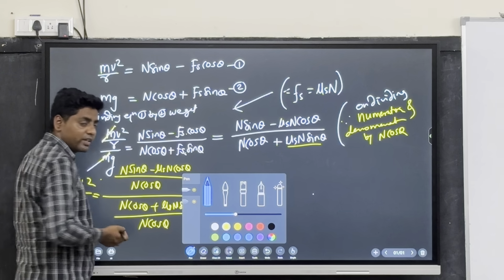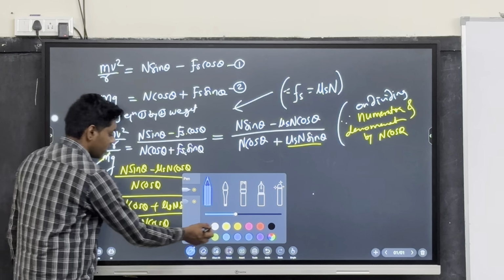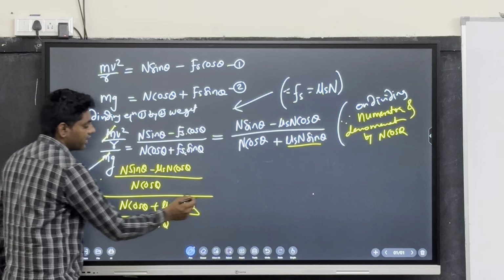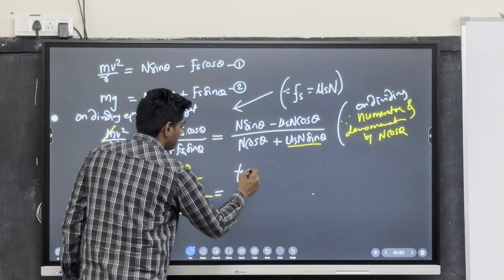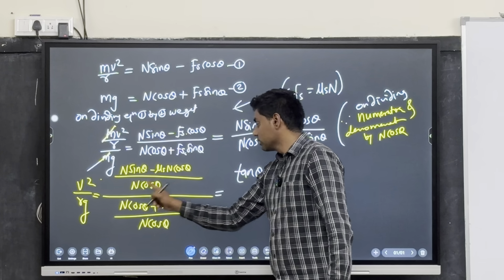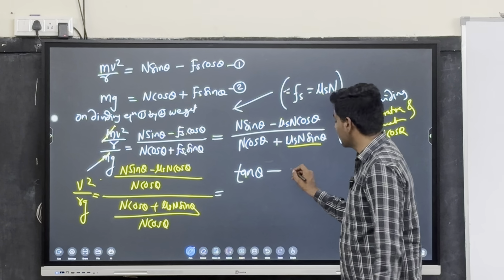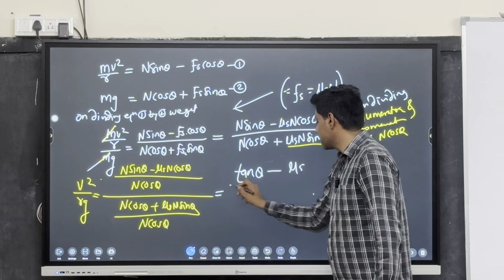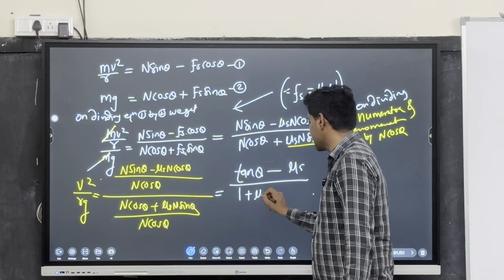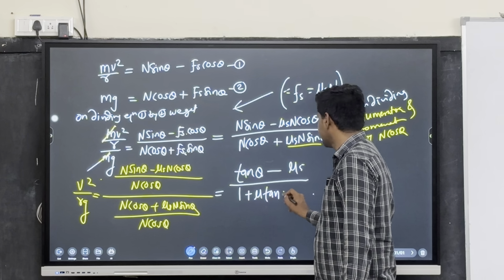So divide separately, and after separately dividing, sin by cos is tan, and N gets cancelled, so it becomes tan theta minus mu s. In the denominator, N cos theta gets cancelled, so 1 plus mu s tan theta.